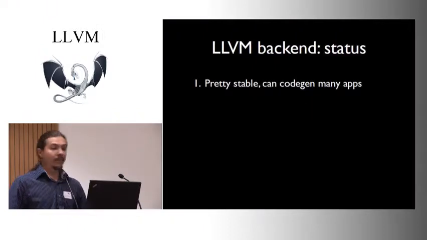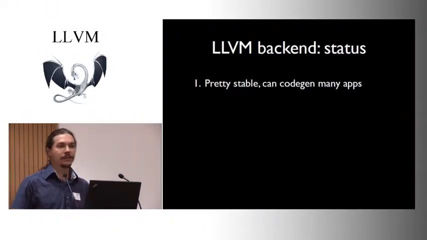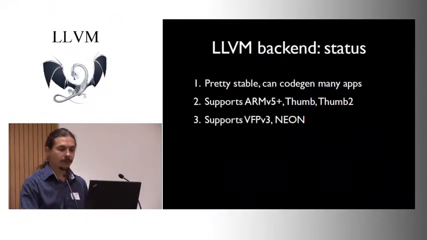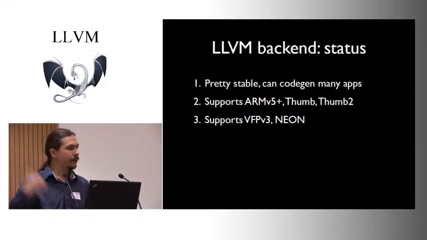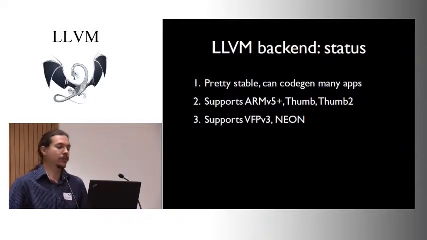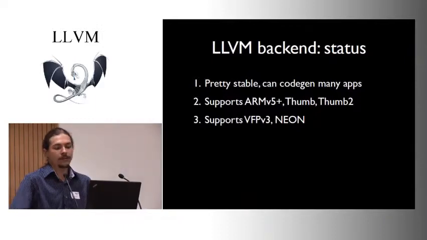Right now, the LLVM backend is quite stable and can generate many different applications, and generate quite fast code. It supports ARM v5 and later versions of ARM cores. It supports Thumb, Thumb2, VFP, Neon, all these fancy features of modern ARM cores.